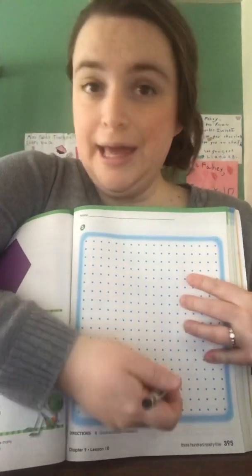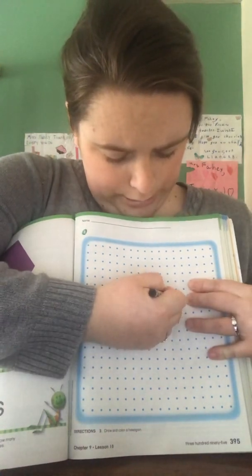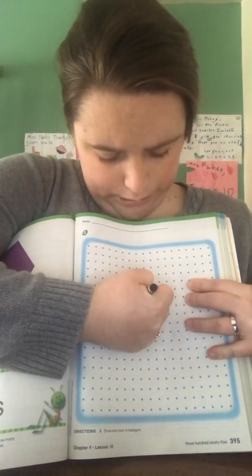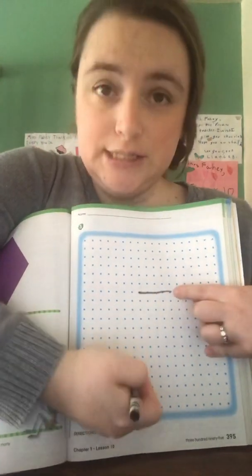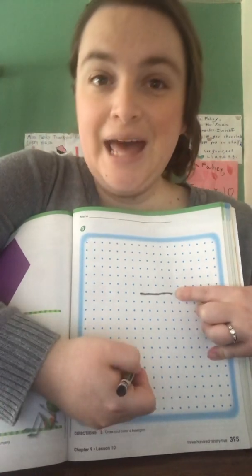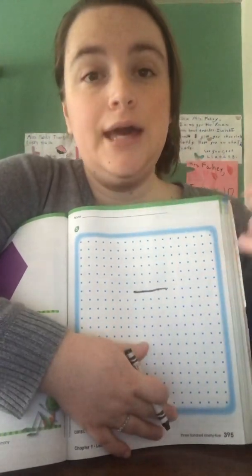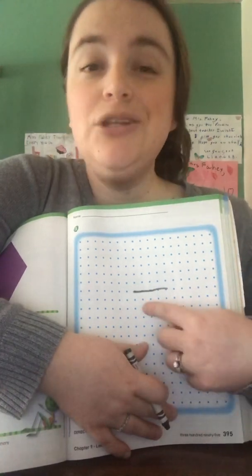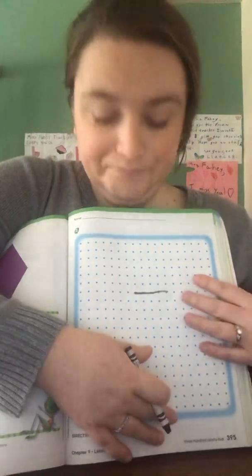I'm going to choose any dot to start, and I'm going to make a straight line going across the top. Nice straight line. I chose this dot to start, and I made a straight line going across the top. If you have a cut out hexagon, you can trace your cut out hexagon for your first time.